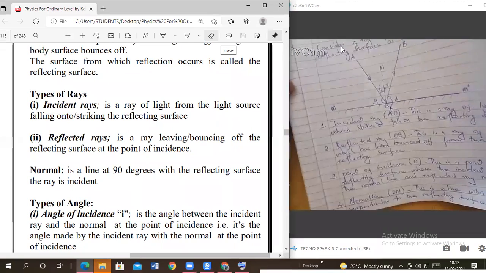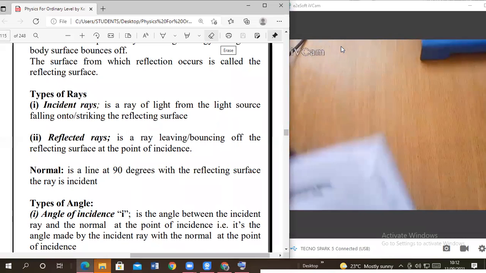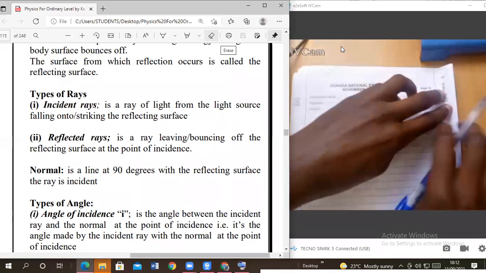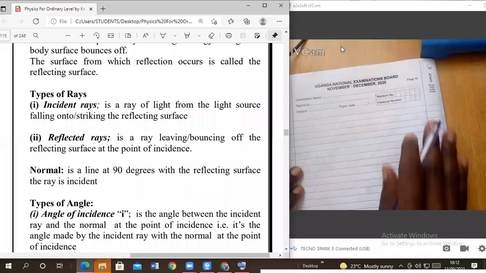Yes. All right. Still on the normal line, write this one under normal line.